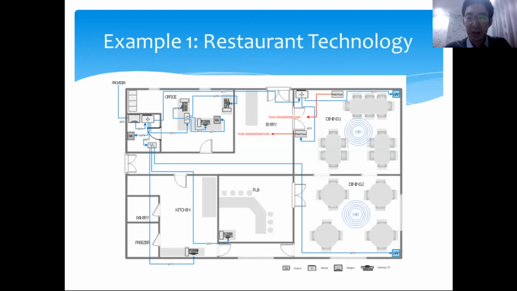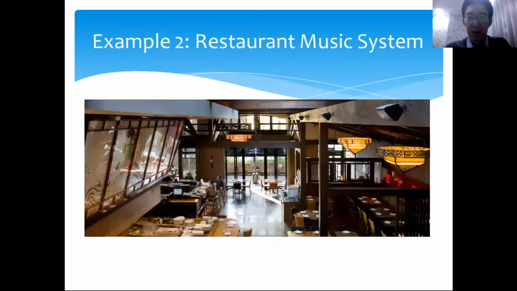Here we have an example of restaurant IT solutions that can be seen on the floor layout. The other example is the restaurant music system. Here, as you can see, the speakers are mounted on the roof, and they can again set the mood.